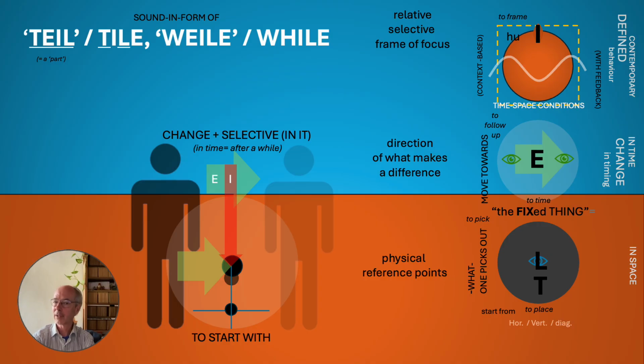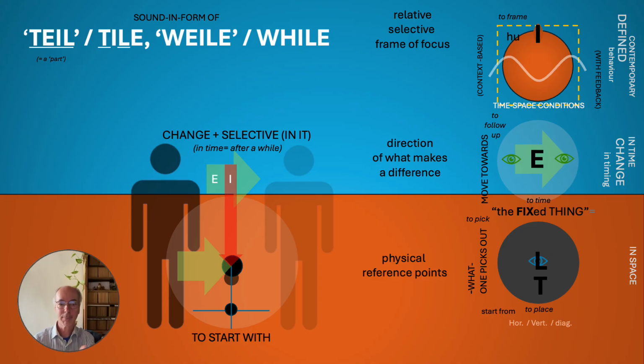So it is a relative selection frame, so that I say, okay, it could be bigger than, and so on, but I'm going to select what works for me. That's the kind of attitude that is behind the letter E. And here I have a combination of E and I, so I'm going to select my focus for what makes a difference for me.